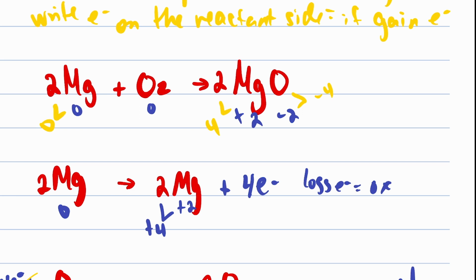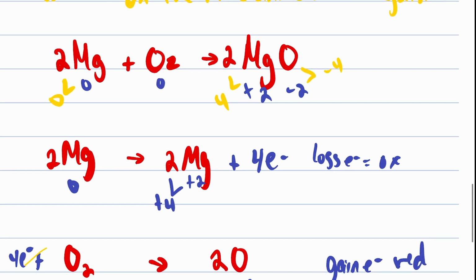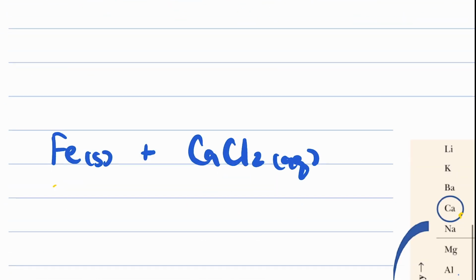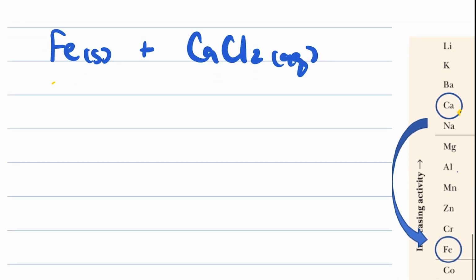All right, so here we have a single displacement reaction again, like we've been doing. Oxidation reaction, right? And there's also a way to find out by looking at the compounds and the elements if the reaction will take place or not. Some of the reactions you're going to be doing today on part 2 for single displacement reactions are not going to take place, all right? There's actually one.